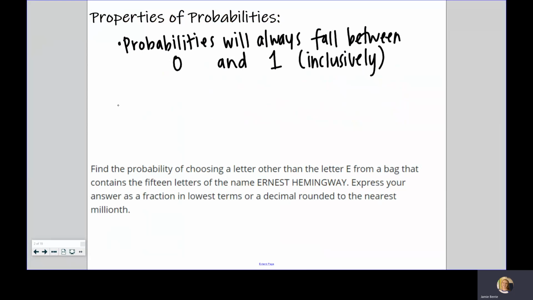And then we have a couple of other things I want to note here. If you have a probability that's equal to 0, then that is called an impossible event. That means that event cannot and will not happen.